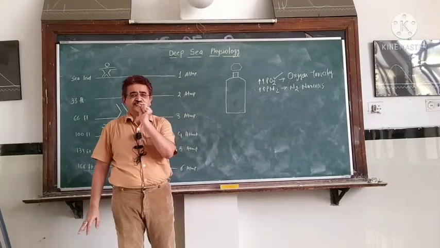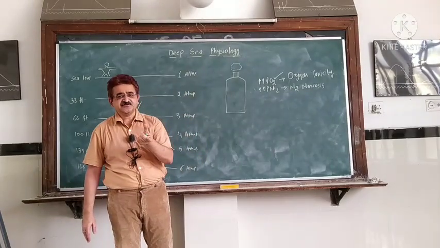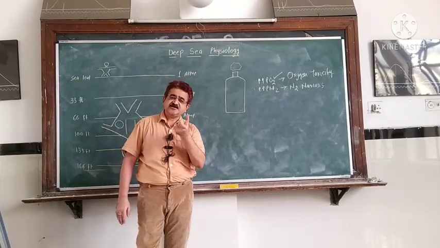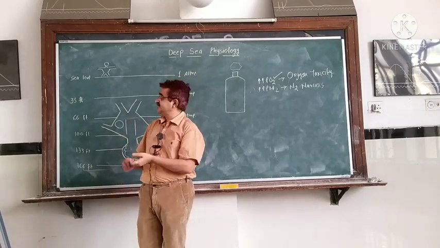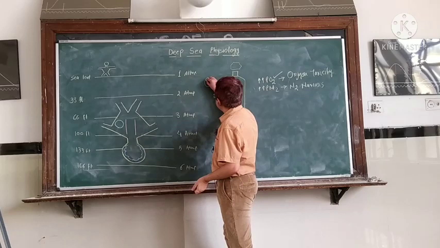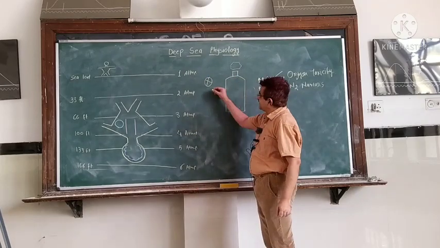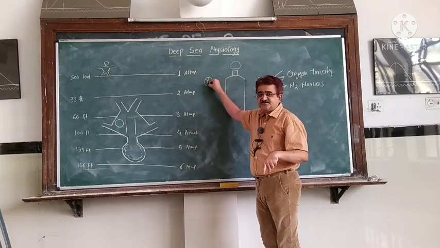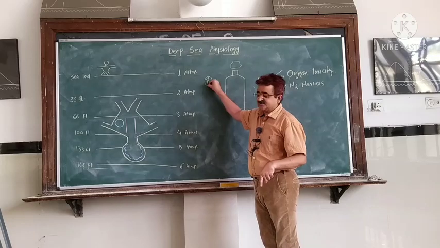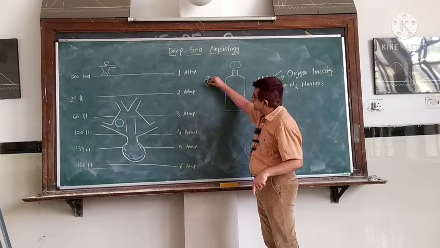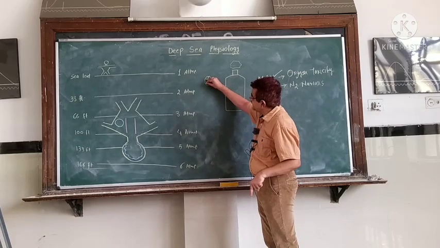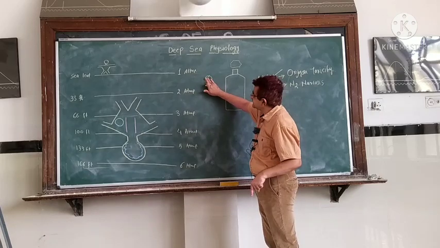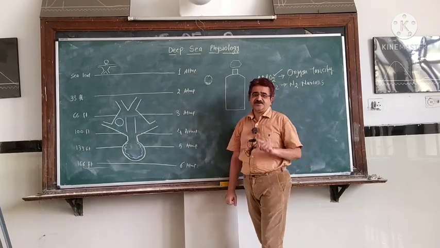Only a small amount of O2 is converted into free radicals, known as oxygen free radicals, that is superoxide and hydrogen peroxide, and these free radicals may cause damage to the cell. To prevent damage, the cell contains a neutralizing system known as antioxidants. Whenever these oxidizing radicals are formed, they are immediately neutralized by the antioxidants, and the cell is prevented from damage.